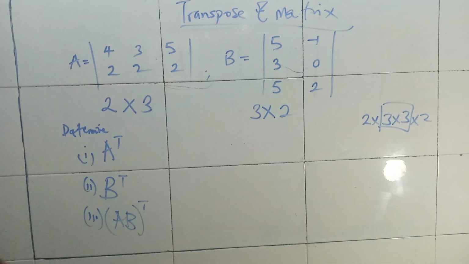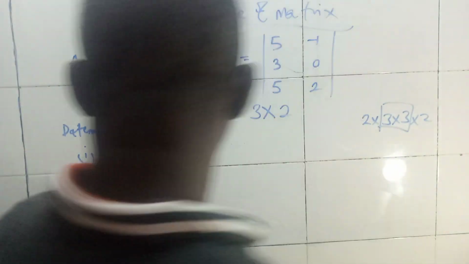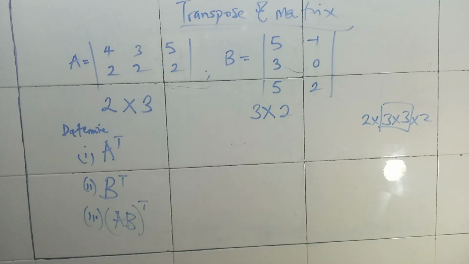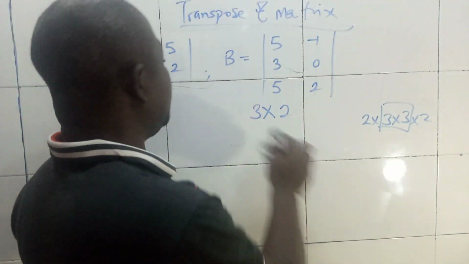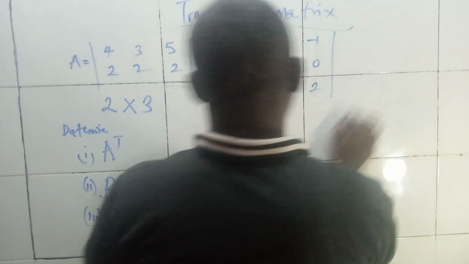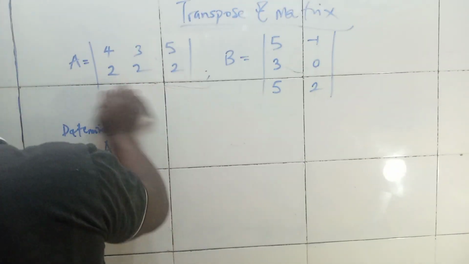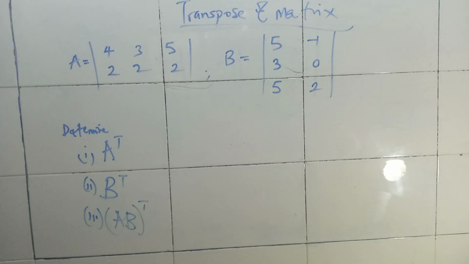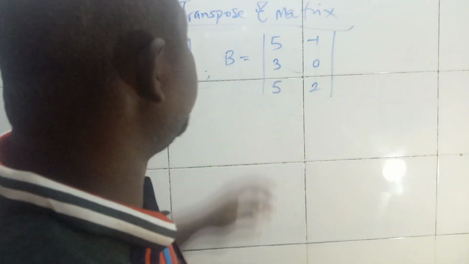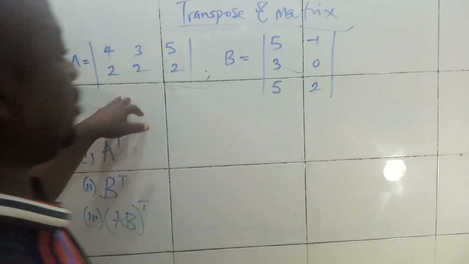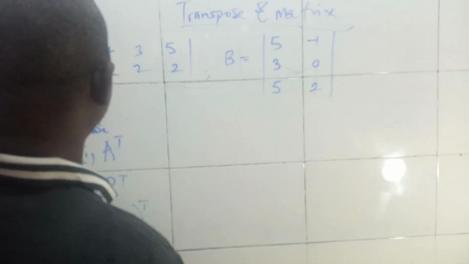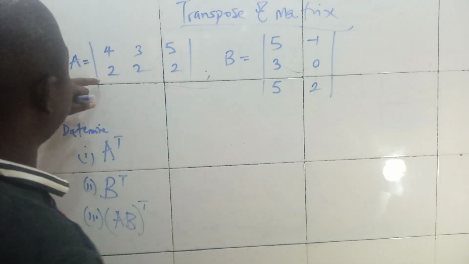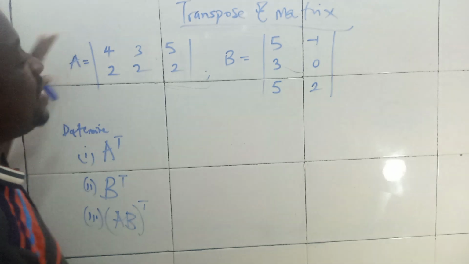The question will just say determine AB transpose. Don't be confused. It just means interchange the row with the column. So let's attempt to solve this now. I've determined the orders of these two.